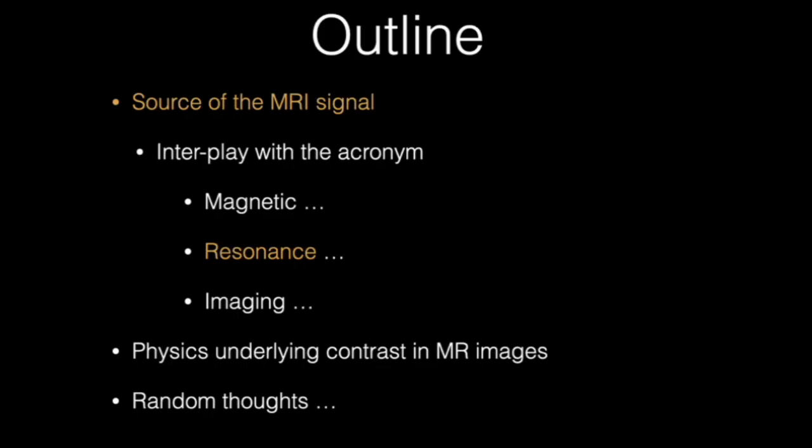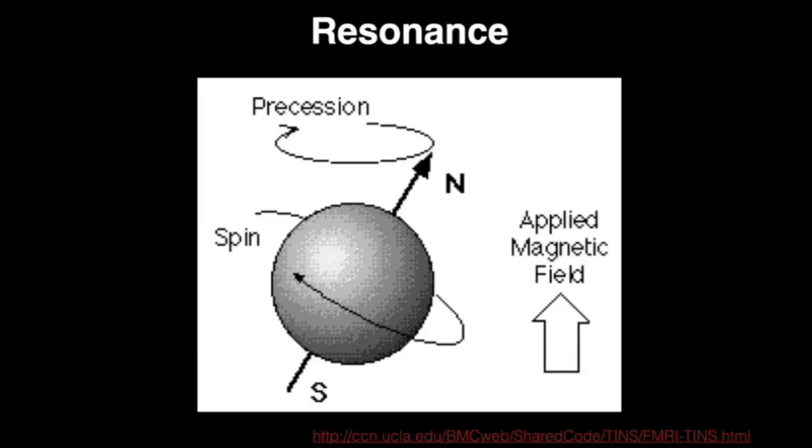Resonance is where we can now use energy to inject and perturb that system to get some information out of it. We're looking at these microscopic quantum objects. One way of thinking about them is that they're spinning, precessing, rotating, vibrating, but at a characteristic frequency.